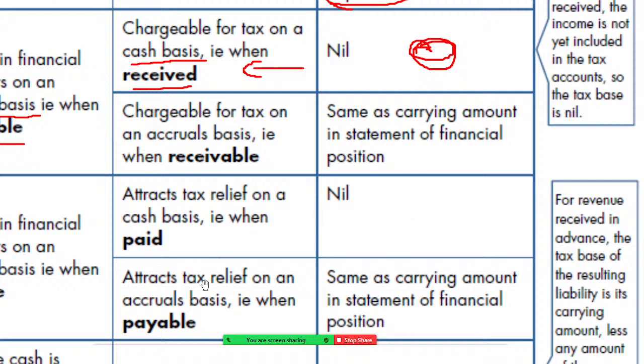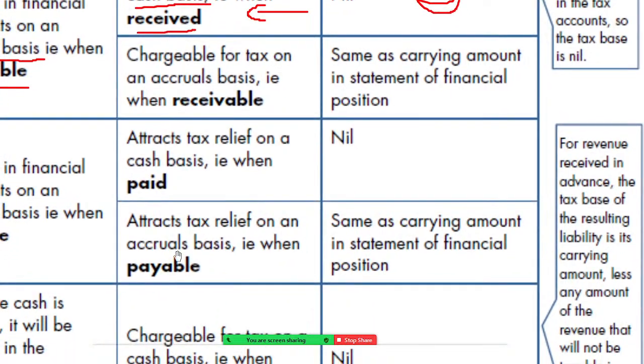But if the tax account follows accrual basis, this time there is no difference between accounting profit and taxable profit with regard to the particular expenses. So that time the tax base of the accrued expenses is the same as the carrying amount in the financial statement, right? So the tax base is equal to the carrying amount of a particular expense.